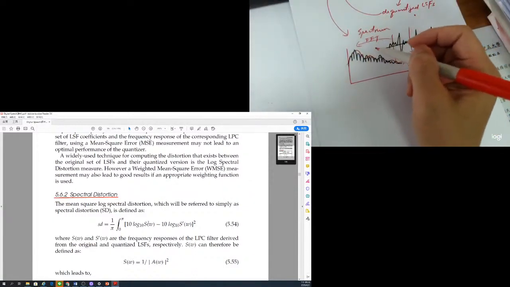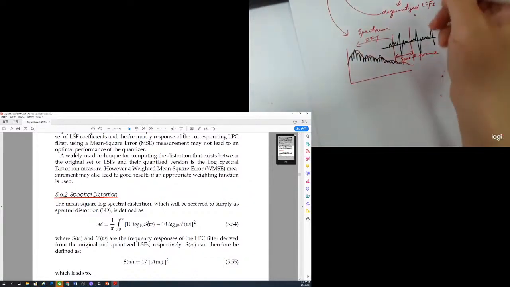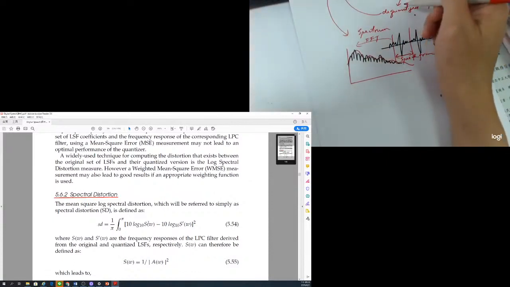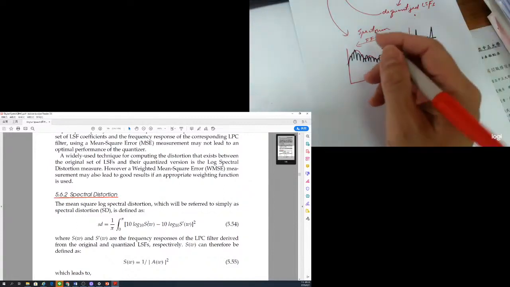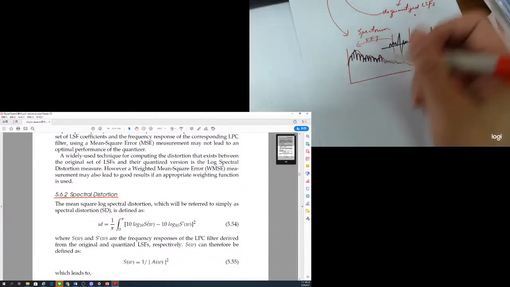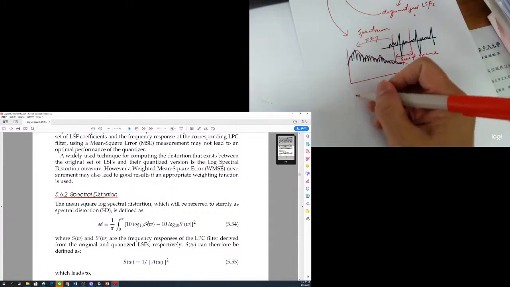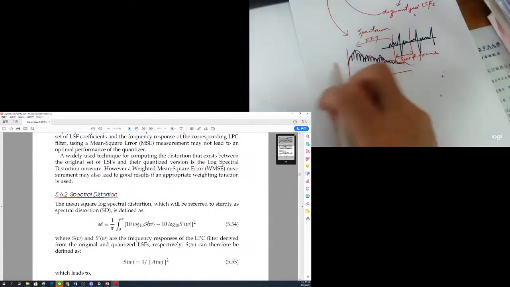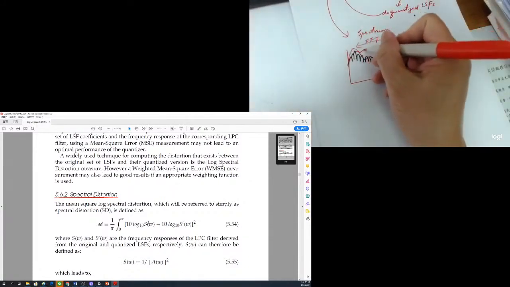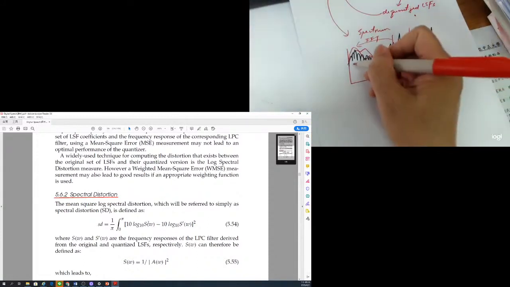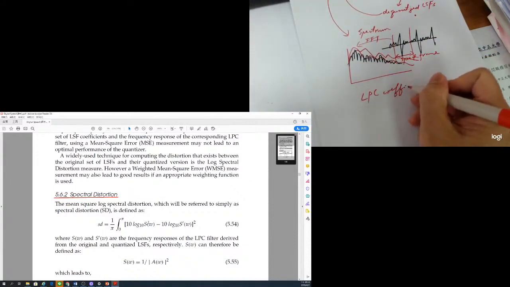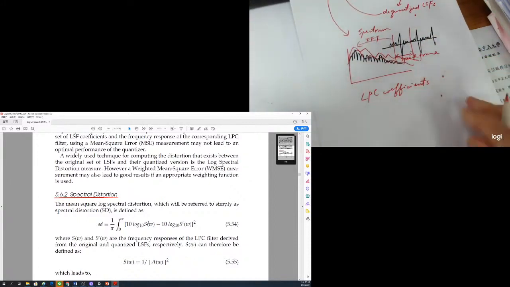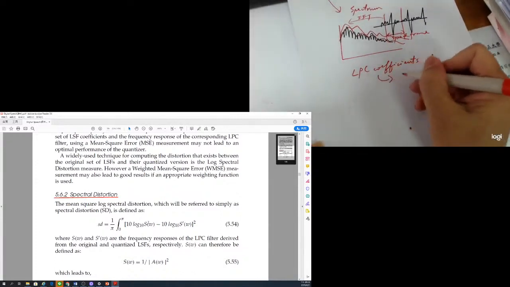of the spectrum, because for different coefficients we have to dequantize. Different quantization levels will recover different envelope shapes, because we know the LPC coefficient is related to your signal envelope shape, which in the frequency domain is like an envelope.